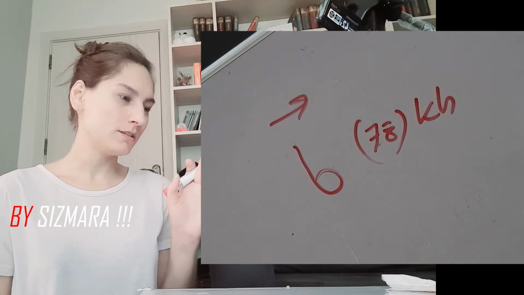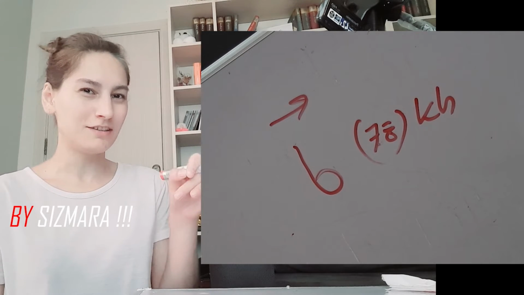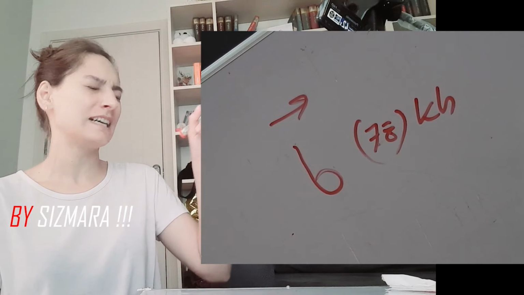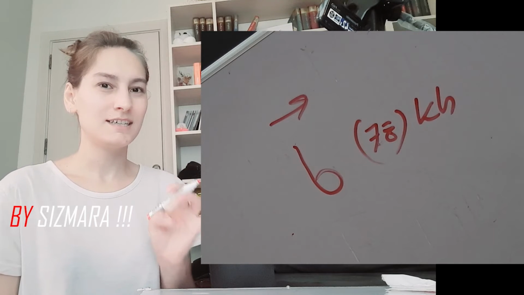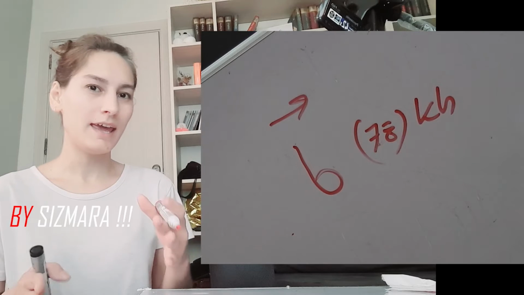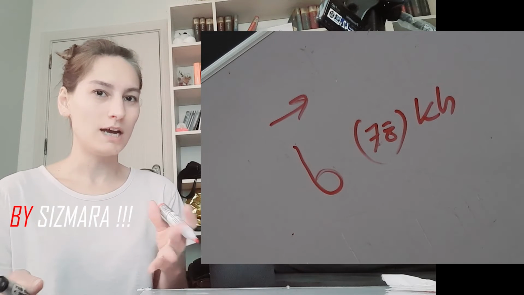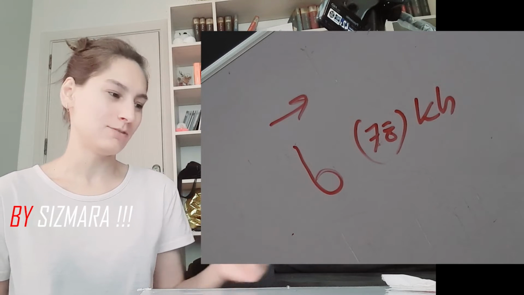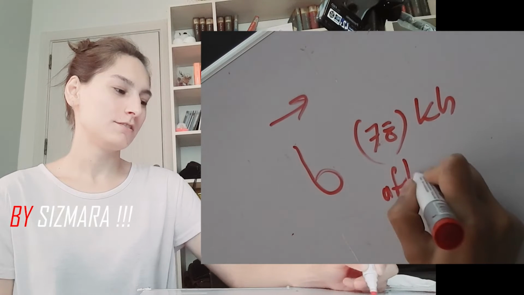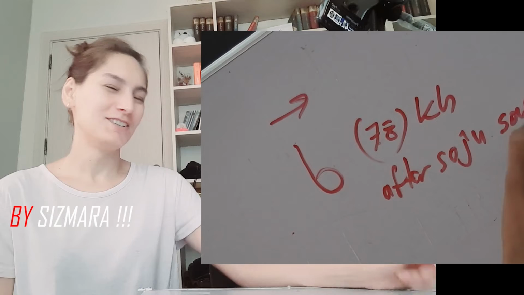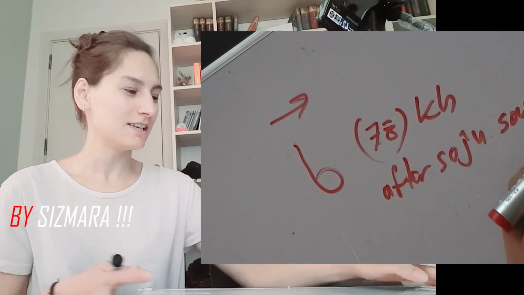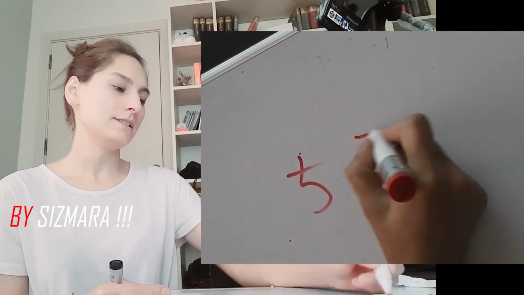You know when a Korean ajoshi drinks soju and goes kh, it's the same sound. It's h. For example, he, hari, hurda. It's the after-soju sound. Okay? It's h sound.